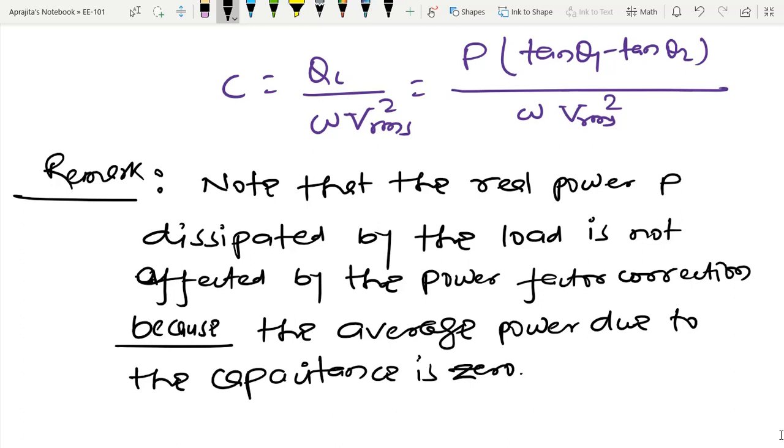So what we have observed is that commonly our load is inductive and we are using an extra capacitor to correct the power factor.